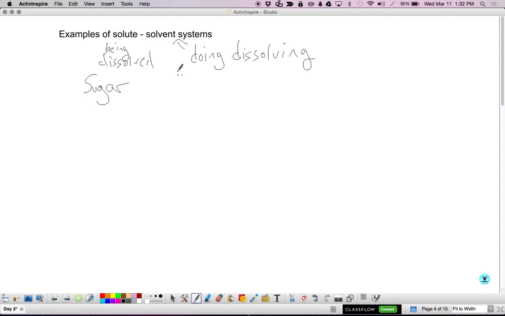Let's say this is sugar in water. I could also do something where I say water is dissolved in ethanol.